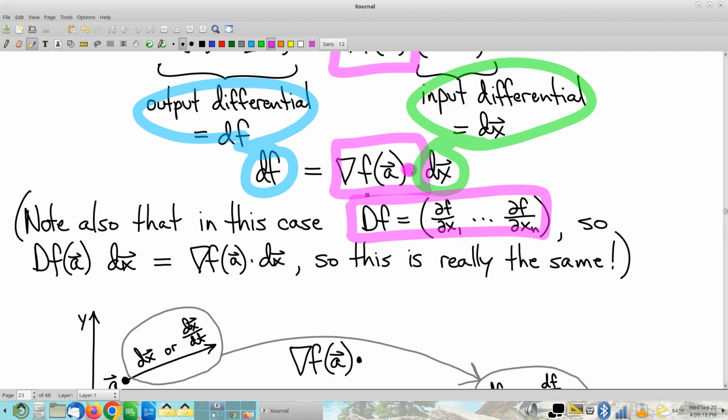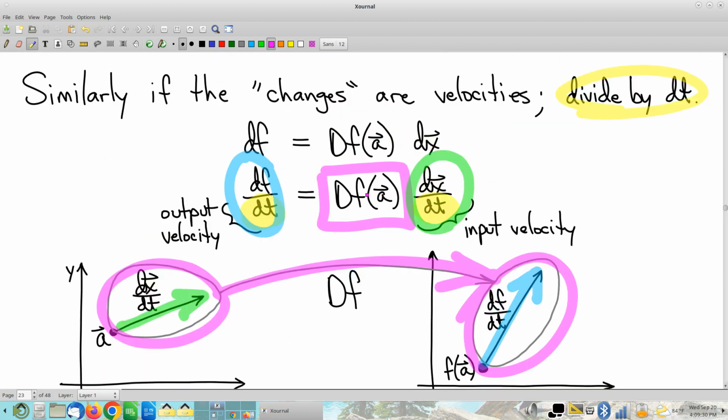Just notationally, is there a reason that there's no vector hat over the df? That's a great question. In this case, it's because f is real valued, but you got me. Even in the vector valued case, I didn't put a vector over it. The vector hat is always kind of optional.